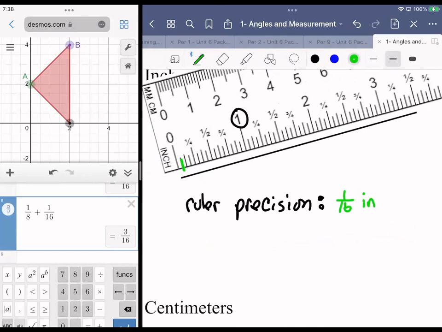And so the distance here, well, I have 1, 2, 3, plus I'd have 1, 2, 3, 4, 5, 6, 7. It looks like 8. It looks like I'm right at 8.